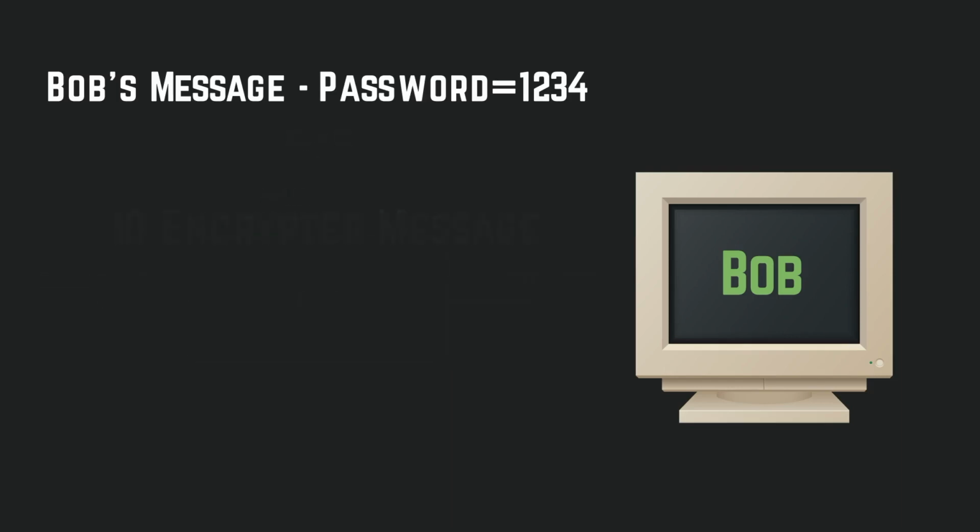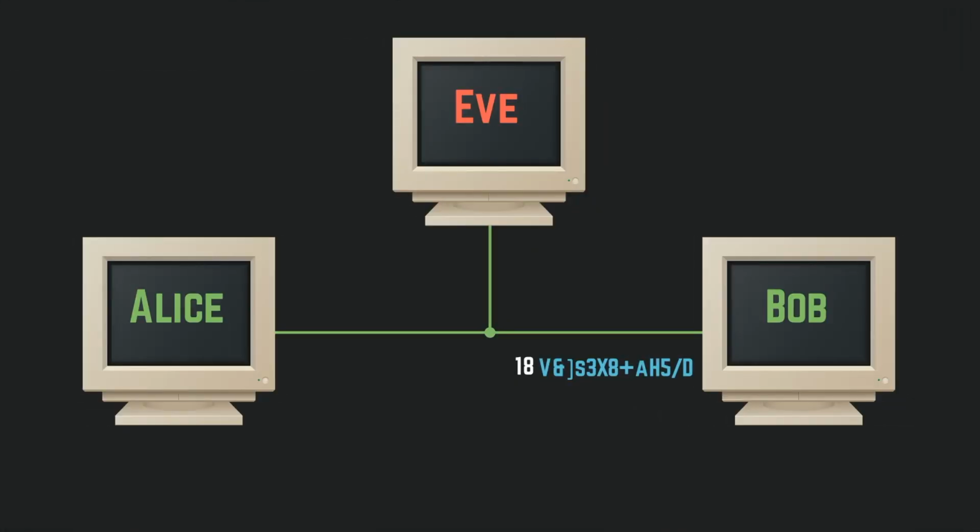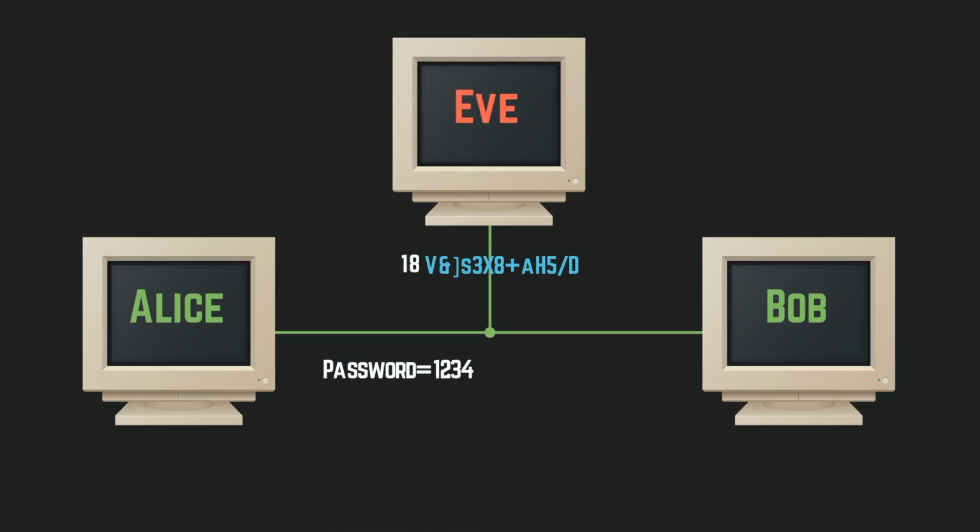In addition to sending the message, Bob sends the message ID, 18 for the chosen example, to Alice without encrypting it, so it is known to all parties. Alice is then able to look up the key for that given message ID, since she created the random ID and key mappings for each message.